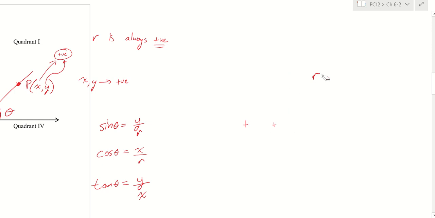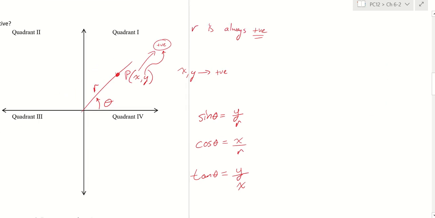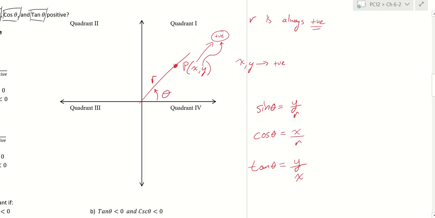X and y will change whether or not they're positive or negative, depending on what quadrant point P lands in. In this particular case, for quadrant 1, they're both positive. And so what can we say about the sine ratio for some angle that lands in quadrant 1? Well, the sine ratio should be positive, because we have positive y over r, which is always positive. The cosine ratio should always be positive in quadrant 1 because the x-coordinate is positive and the r value is always positive.